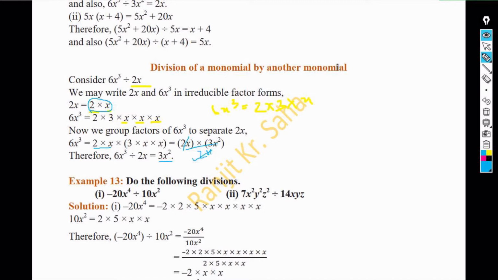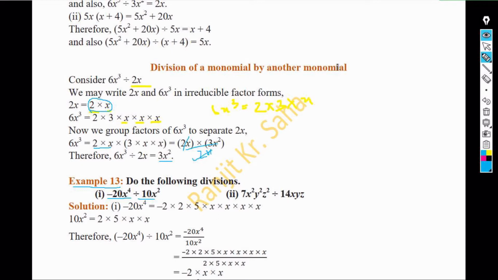Like that, in your NCERT book, example 13 is there. Here, in the first part, minus 20x to the power 4 divided by 10x square.